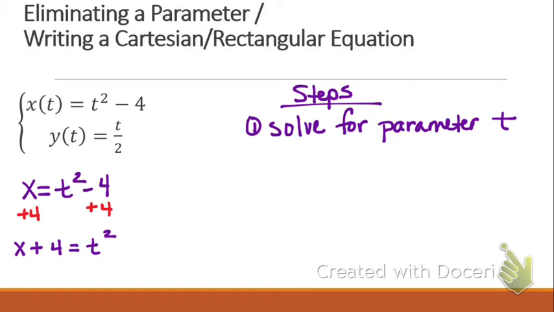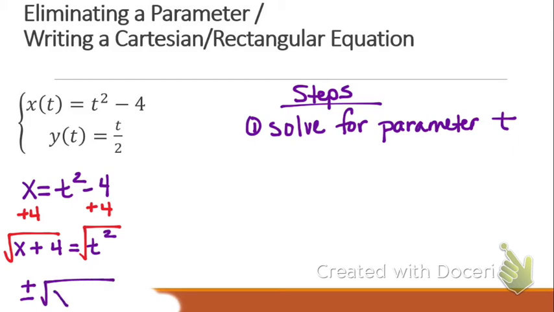And then we take the square root. So when you take the square root, that gives us plus and minus the square root of x plus 4 equals t.